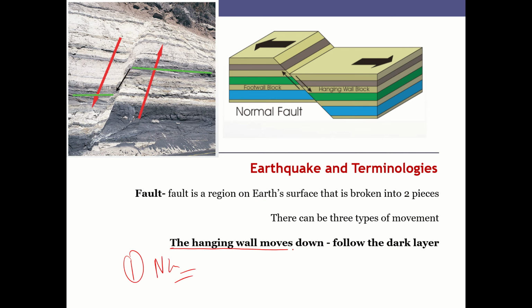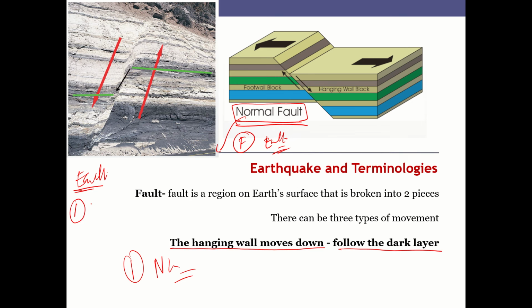The hanging wall moves down, and you can check the graphics here. This is called normal fault. This is the first type of earth movement. Because of the earthquake, there can be a movement of the tectonic plates.